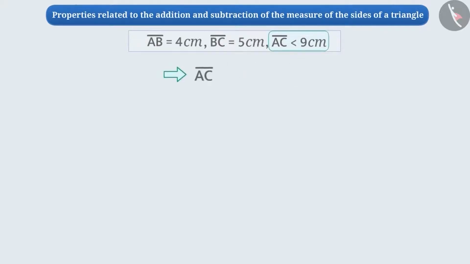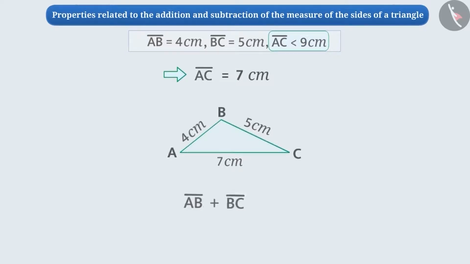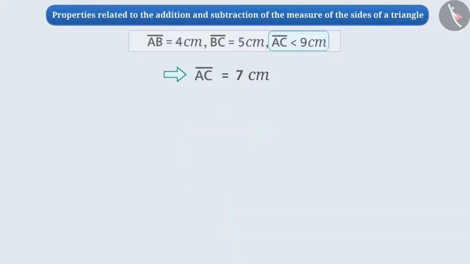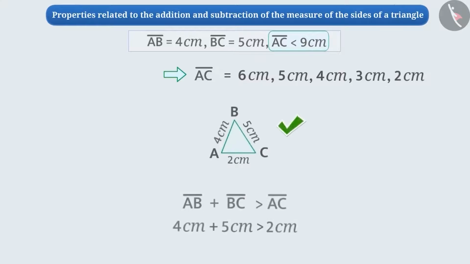When we take the length of AC as 7 cm, then the sum of the measure of any two sides of triangle ABC comes out to be greater than the length of the third side. That is, by taking AC equal to 7 cm, we can draw a triangle ABC. Similarly, by taking the length of AC as 6 cm, 5 cm, 4 cm, 3 cm or 2 cm, we can draw a triangle ABC.